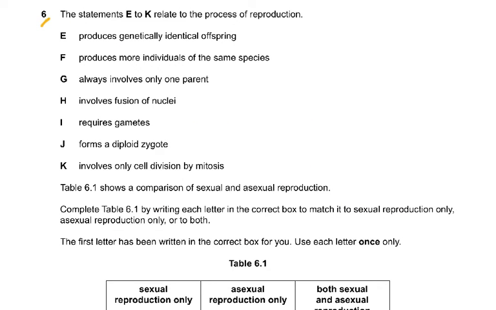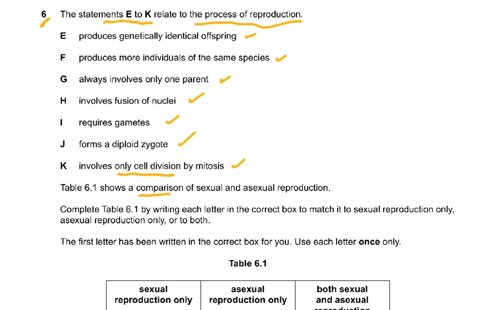Now coming to question number 6, the statements E to K relate to the process of reproduction. E produces genetically identical offspring, produces more individuals of the same species, always involves only one parent, involves fusion of nuclei, requires gametes, forms a diploid zygote, involves only cell division by mitosis.